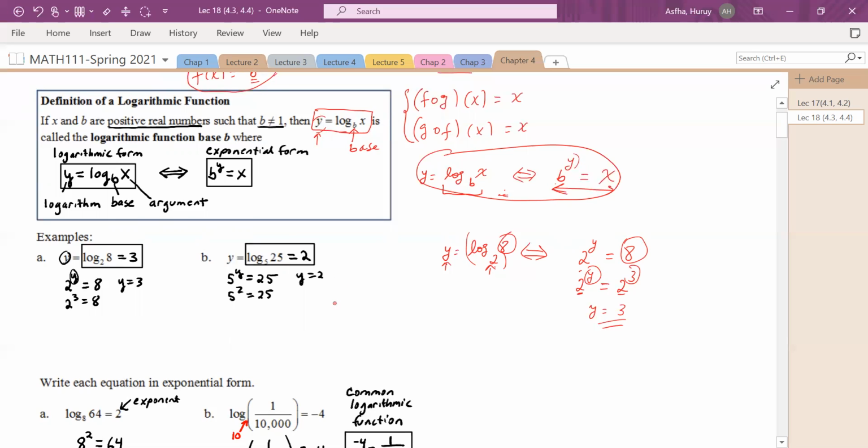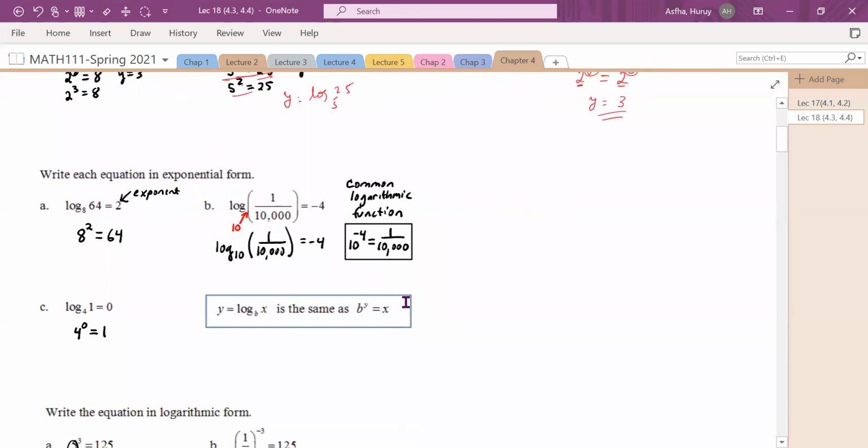We will see this later in a moment, because we have properties of logarithms. And similarly, if we have y equals log 25 base 5, then we can write it as 5 to the y equals 25, but 25 is 5 squared. Therefore, y and 2 have to be the same, so y should be 2.